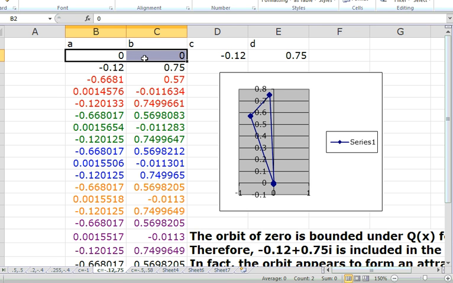And if that 0, 0 is bounded, that C will be a member of a new set called the Mandelbrot set, which is not the Julia set, nor is it separate. It will obviously be part of it, but we'll get to that.